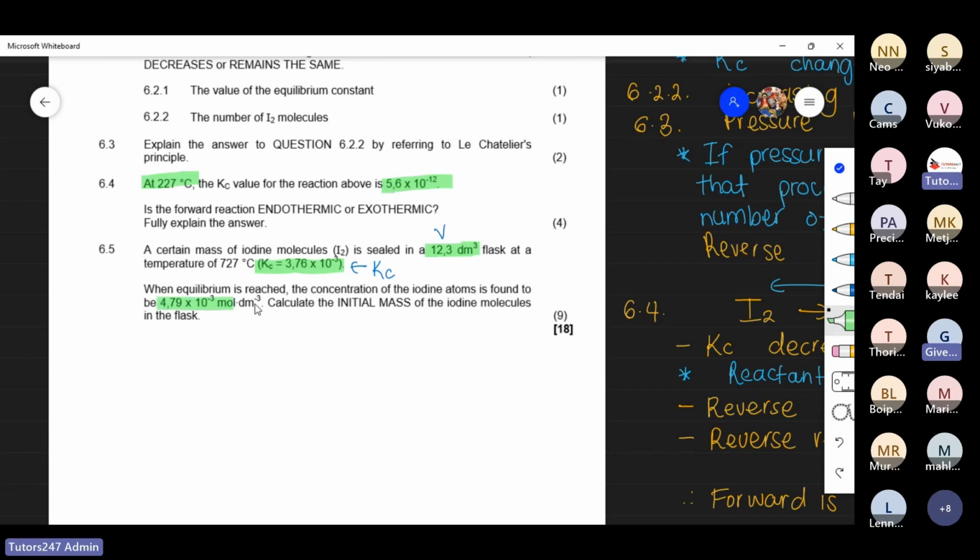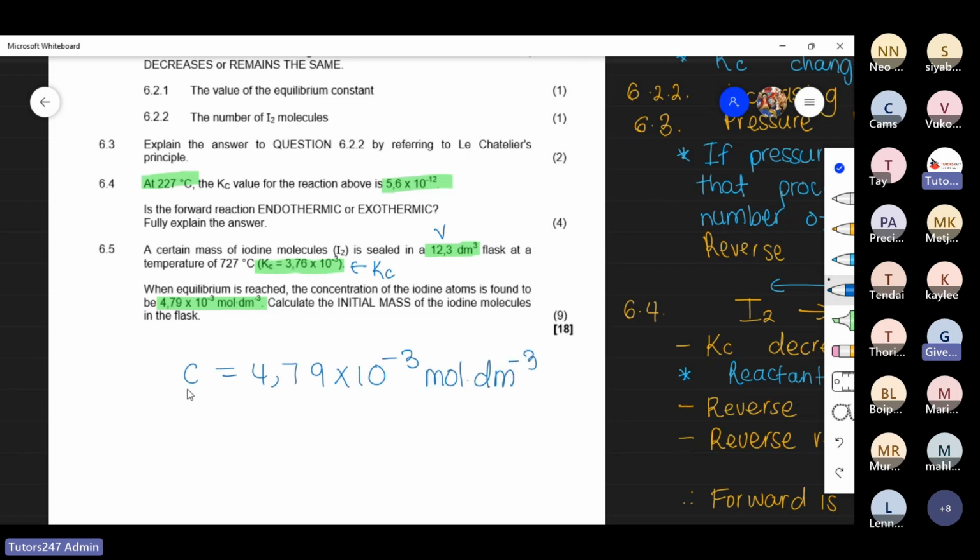So this is important. Now, moles per decameter cubed, what unit of measurement is that? That is concentration.